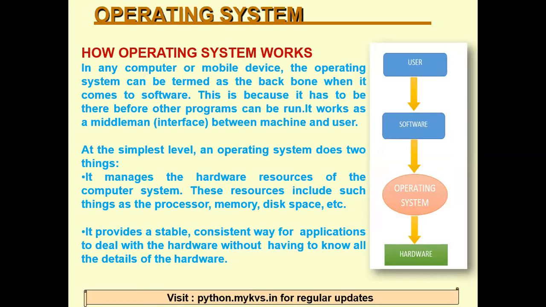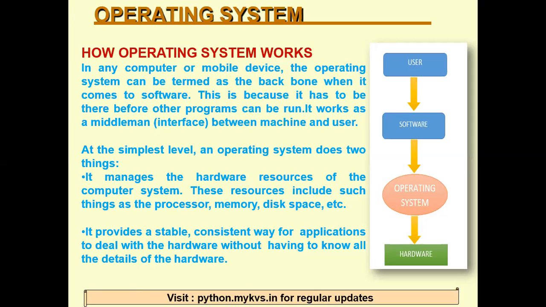So in any computer or any mobile device, the operating system can be termed as the backbone when it comes to softwares. This is because it has to be there before other programs are run. It works as a middleman or an interface between the machine and the user. At the simplest level, an operating system does two things.